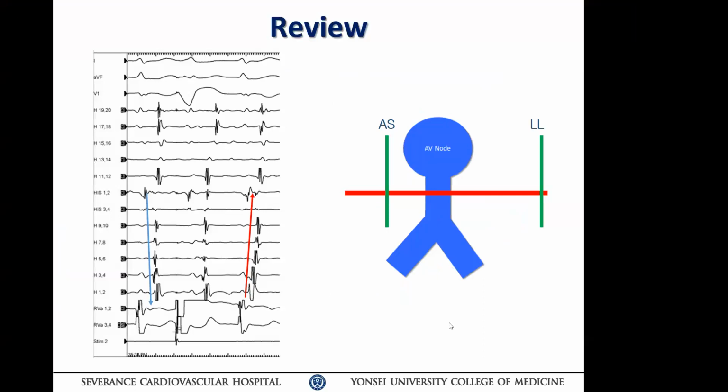This is the possible explanation of this EGM. With tachycardia induction, we can see that the earliest signal is at HIS1-2.